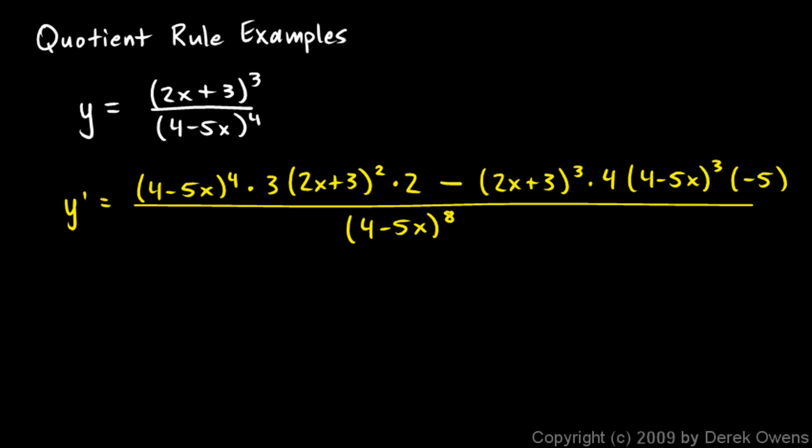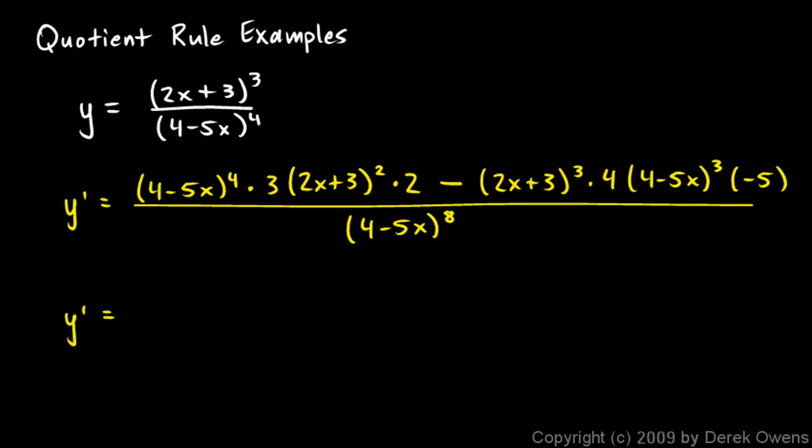Now, notice that we have a (4 minus 5x) to the power of 4 here and a (4 minus 5x) to the power of 3. So we can factor out a (4 minus 5x) to the power of 3 and cancel it with some of those (4 minus 5x)'s down there. So let's do that.